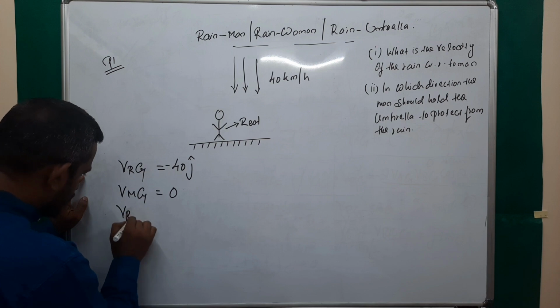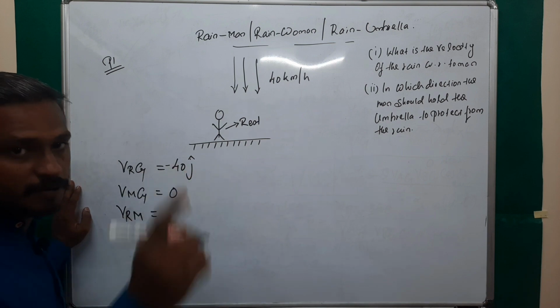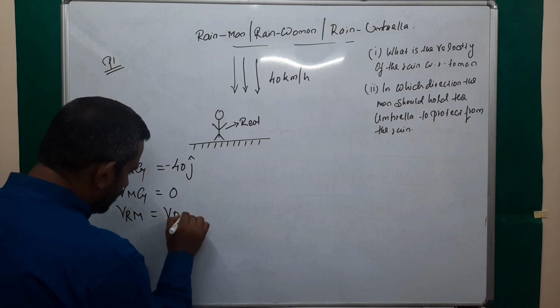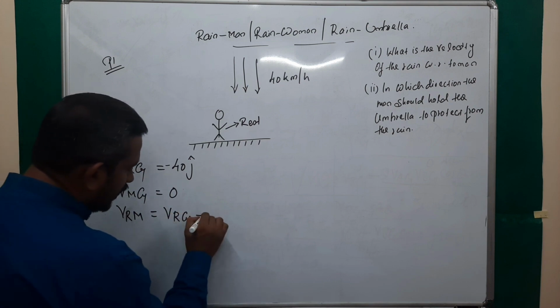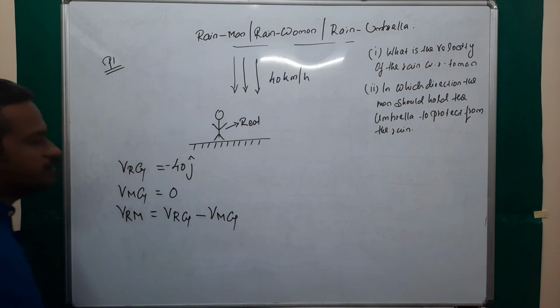So the velocity of rain with respect to man is given by the relative velocity formula we have studied: velocity of rain with respect to ground minus velocity of man with respect to ground.